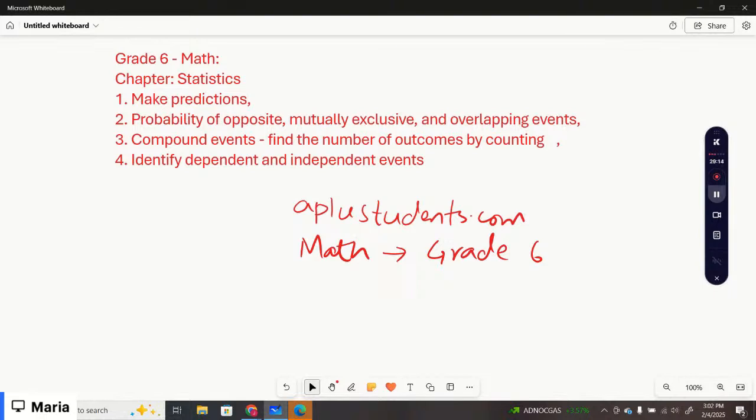We're going to start with the chapter statistics. The lessons we're going to cover today are make predictions, probability of opposite, mutually exclusive and overlapping events, compound events, find the number of outcomes by counting, and identify dependent and independent events.